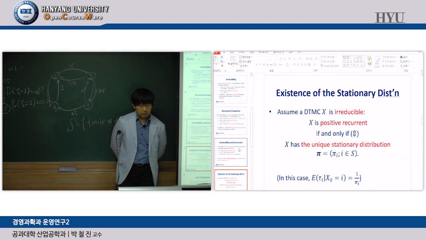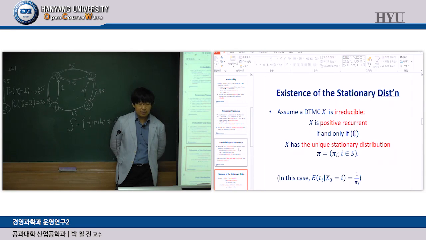And one more concept. Sometimes you need to figure out whether this chain is positive recurrent or not to calculate some probability. Sometimes finding the unique stationary distribution is easier than figuring out whether the chain is positive recurrent.